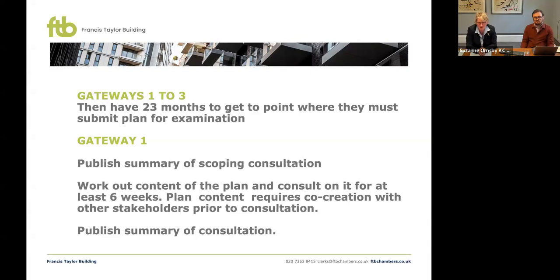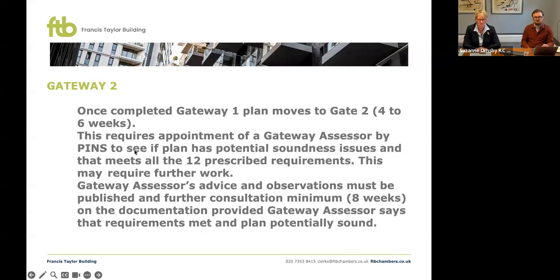Those stakeholders are our old friends such as Natural England, Historic England, National Highways, plus a whole host of others. So again, as we all know from experience, that is likely to take time. But once that has been done, that first draft goes out for consultation for at least 6 weeks. Once that has been undertaken, the local authority is then required to publish a summary of that consultation exercise.